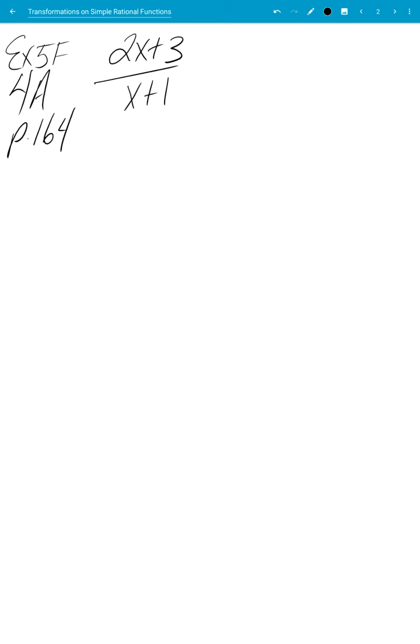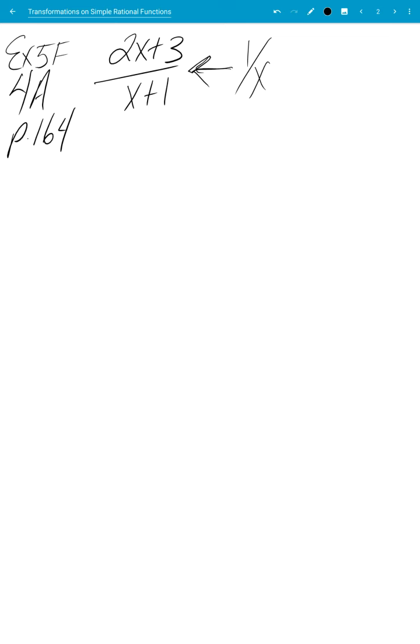Instead of being told what's being done in terms of geometric transformations, we're given this equation, and the question is, what had to happen to 1 over x to make this? How did we get from here to here? What went on here?